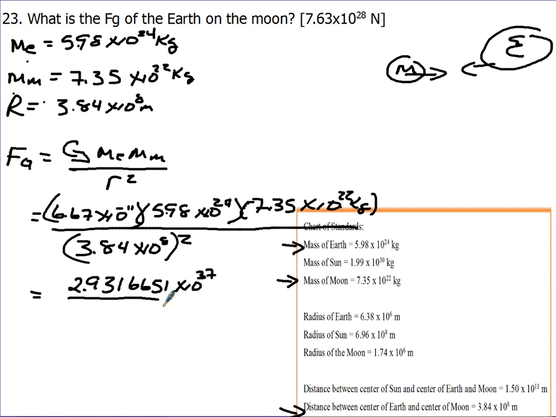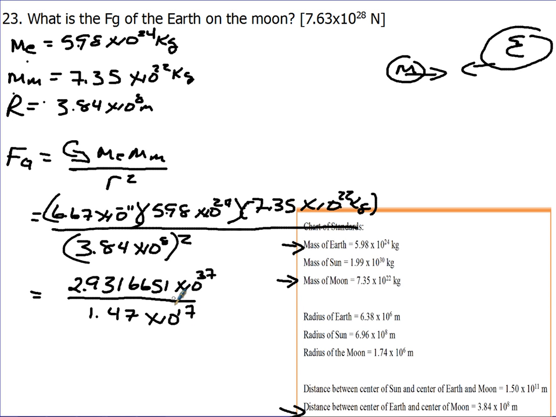All right, divided by 3.84 times 10 to the 8th. And when you square that, you get, let's see, 1.47. Did I do that right? Times 10 to the 17th.